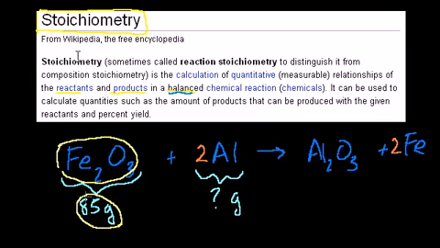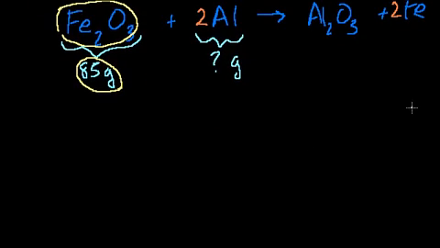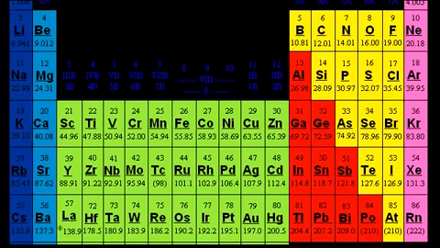So let's first figure out how many moles 85 grams are. What's the atomic mass, or the mass number, of this entire molecule? Let me do it down here. We have 2 irons and 3 oxygens. Let me go down and figure out the atomic masses of iron and oxygen.